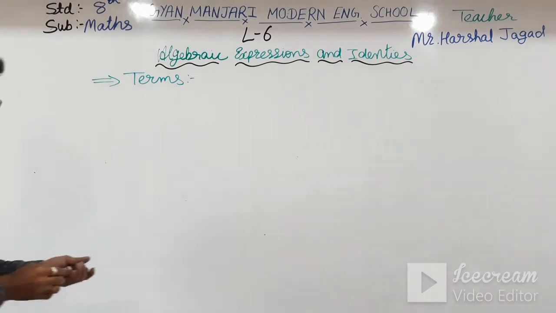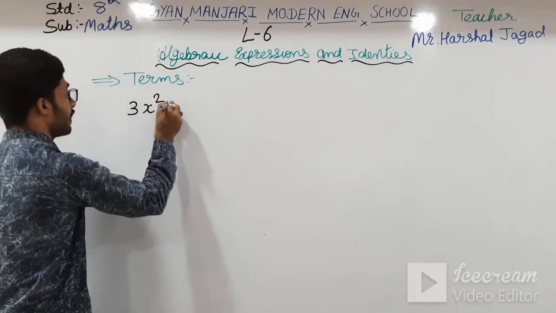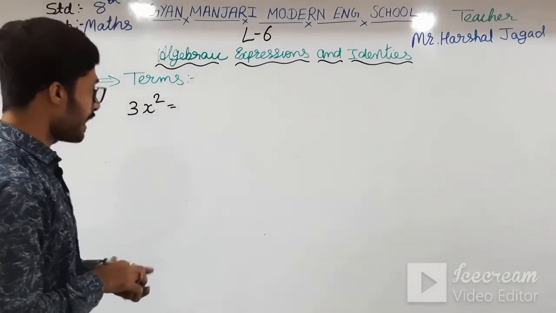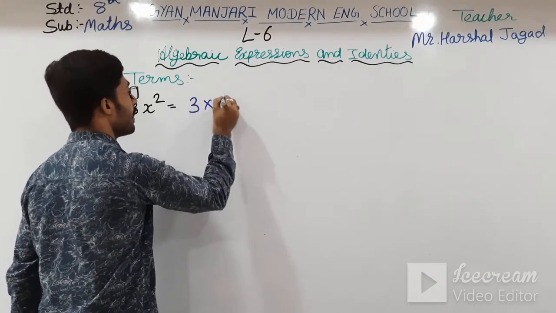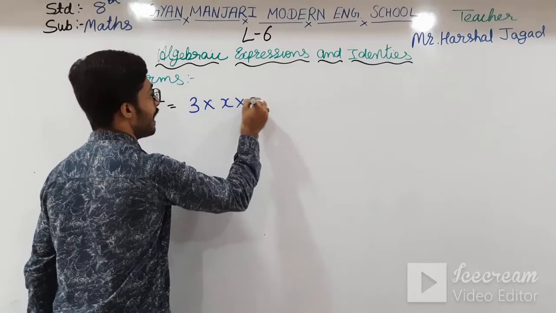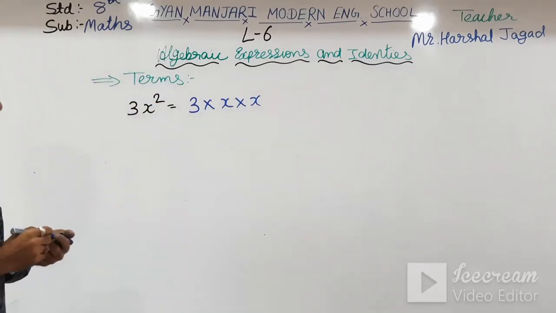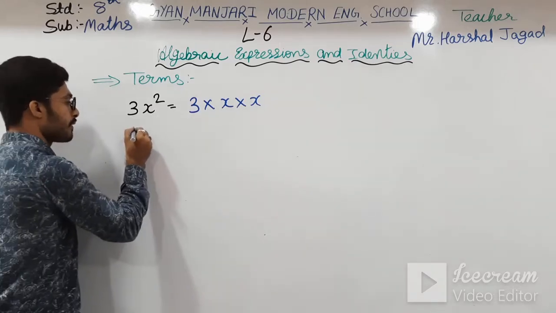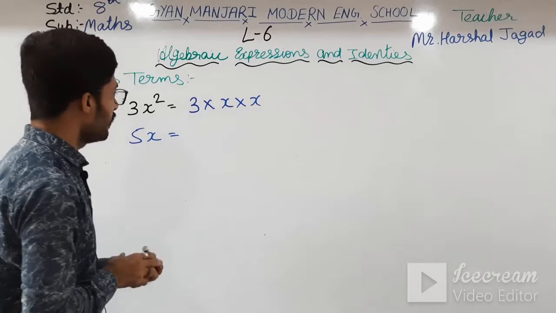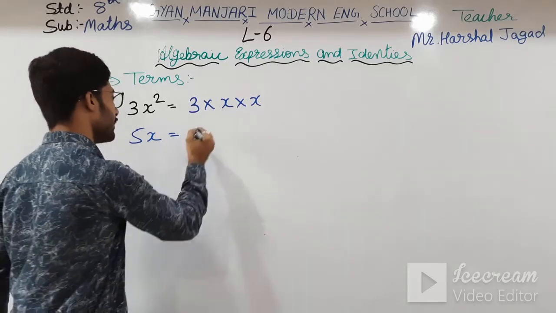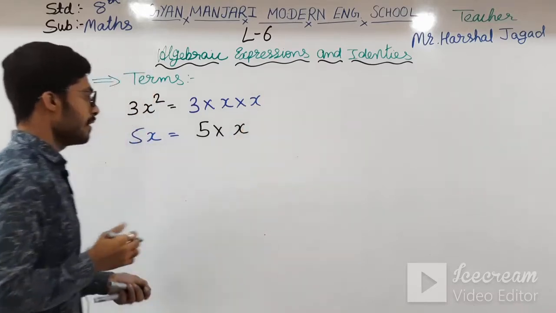See here terms. First of all, I talk about 3x square. It can be written as 3 into x into x. This is 3x square. If I talk about 5x, then what is 5x? 5x means 5 into x, that is 5x.